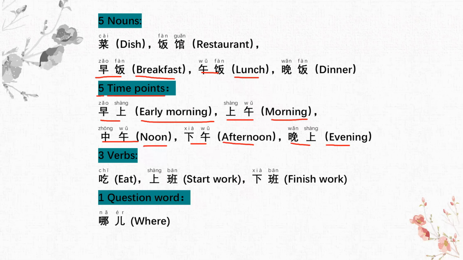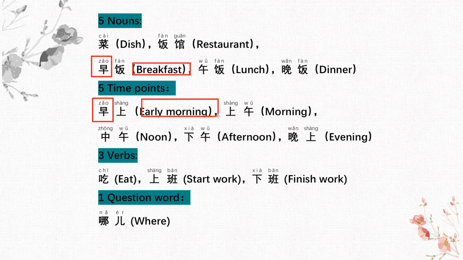As you can see, they have lots of repeated characters, right? 早 in breakfast and early morning. 午 in lunch, and also in 中午, 下午, 上午. They all have similar things repeating. Later on I will explain the logic so we can learn them.